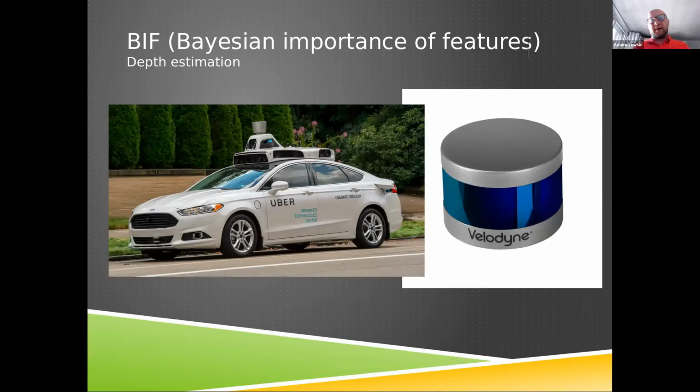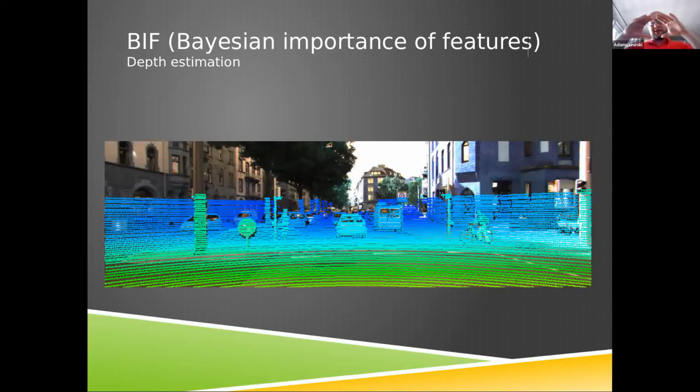This sensor has 64 horizontal lines, but they are very expensive. We would like to select a subset of these features so that we can get good depth estimation with LiDAR while having a cheaper sensor. This is ongoing work, something where we can also apply this method.